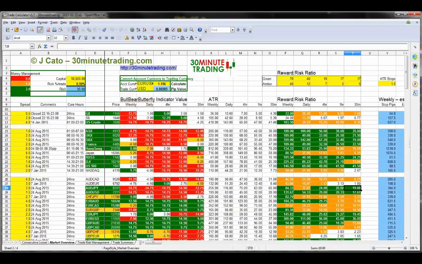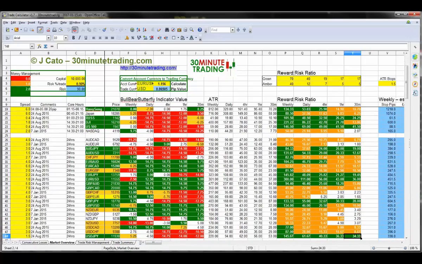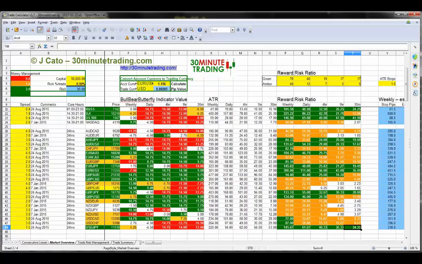And then down here the Aussie yen is a good one to trade. The Aussie dollar is another good one to trade. Coming on down here we have the euro yen and the euro dollar, and coming down a bit further we've got the pound yen, and the dollar yen. There you have it.